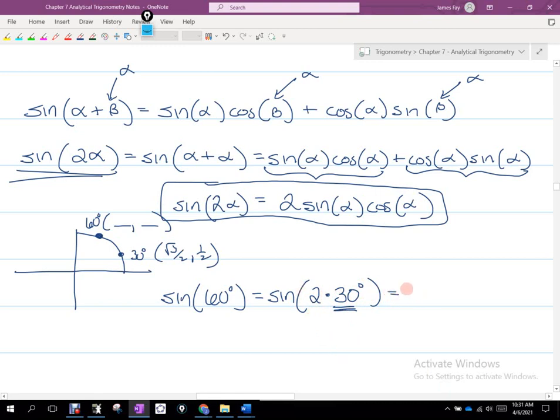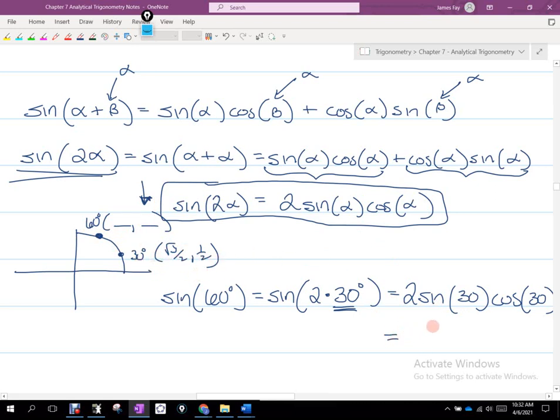So now I can rewrite this as 2 sine of alpha, which would be 30, cosine of alpha, 30. We're going to run through this evaluation in a moment, and we're going to be able to find that y value on the unit circle by knowing everything about this other smaller angle.